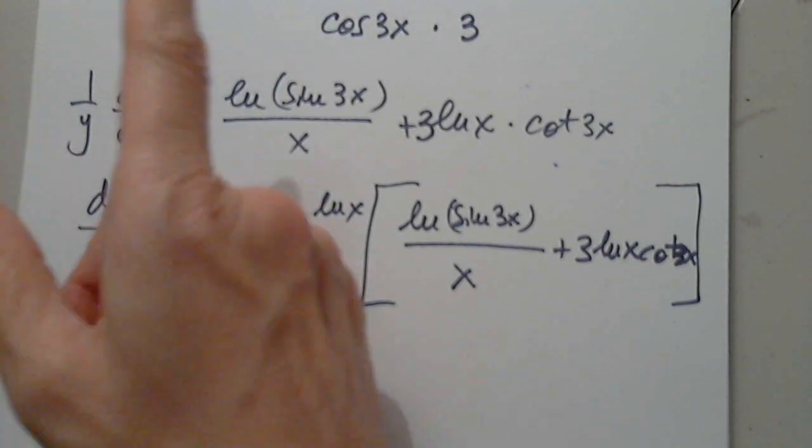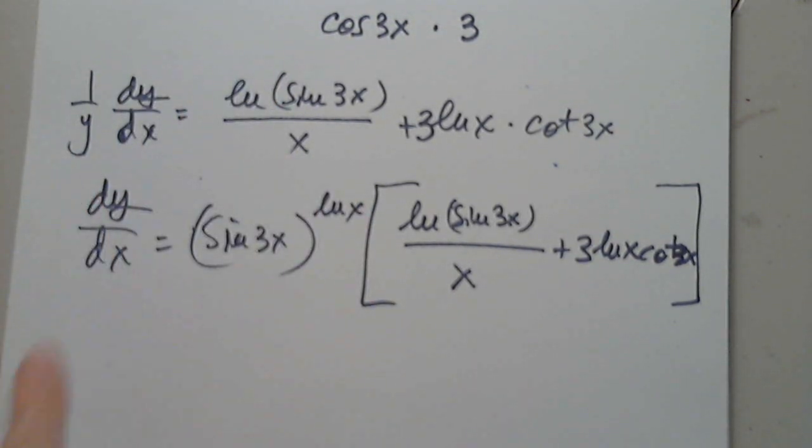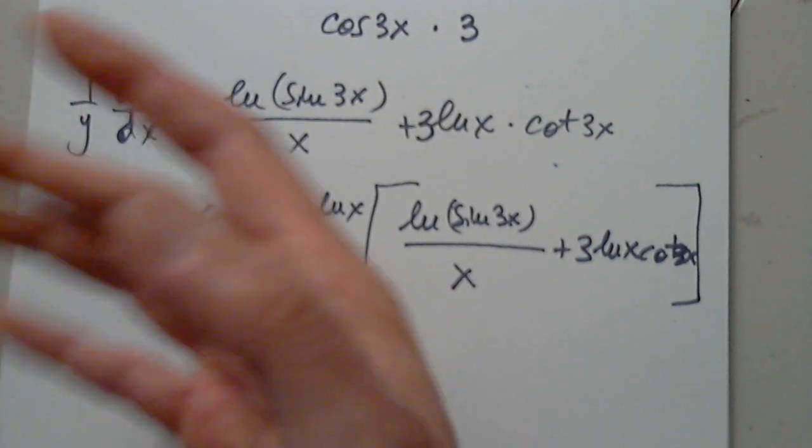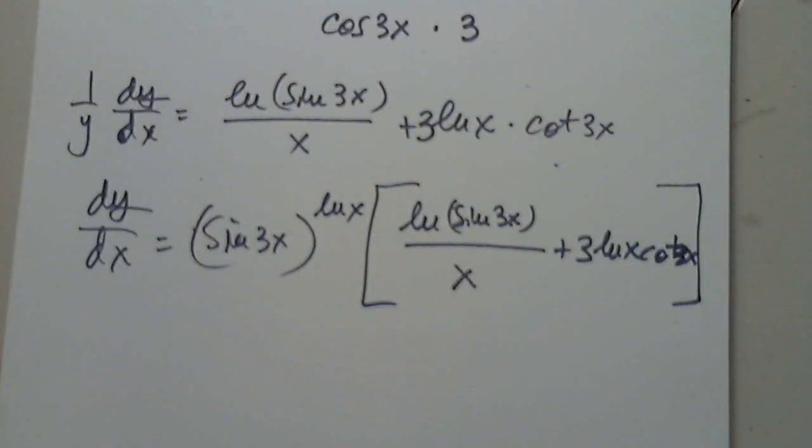And then I multiply both sides by the given function y, but I replaced it by the given function. There is no point in writing y and then replacing it by sine 3x to natural log x. Okay, is this okay, everyone else? All steps clear?